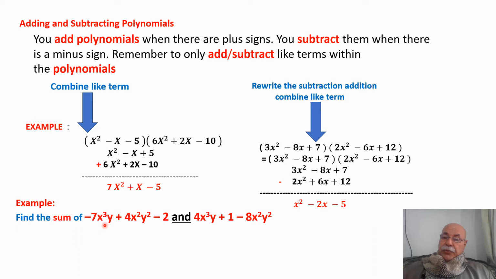7x cubed y plus 4x cubed y squared minus 2, and we want to add this to 4x cubed y plus 1 minus 8x squared y squared.